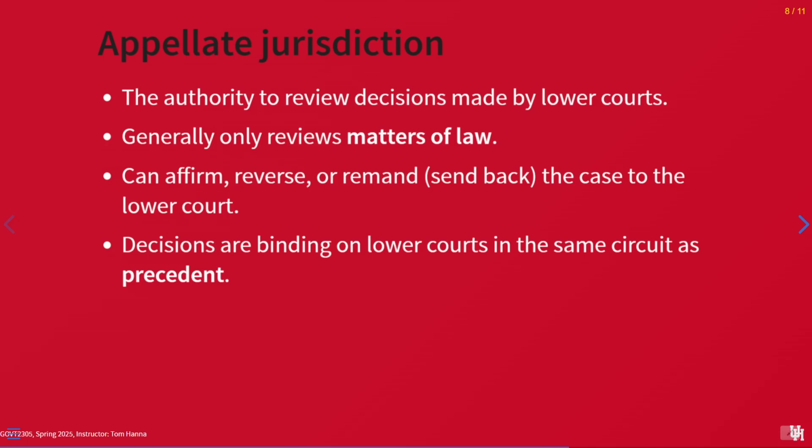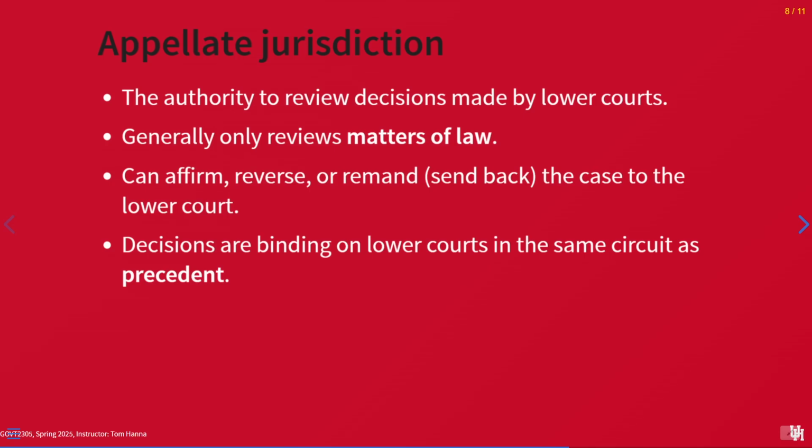And it's usually something that's not just a simple fix. If it's a really simple fix, they can send the case back to the lower court. One example, and it's not particularly common, would be a finding of guilt in a criminal trial where the judge makes a legal mistake in the sentencing.